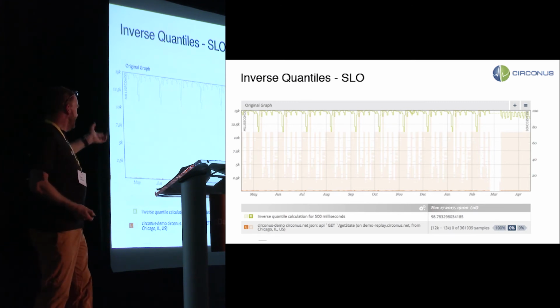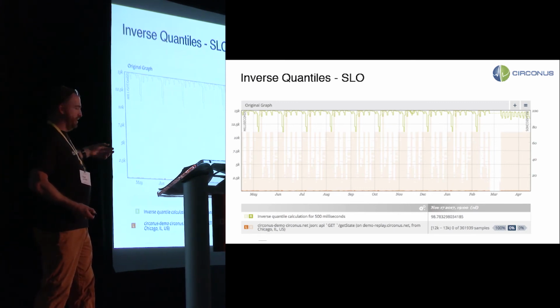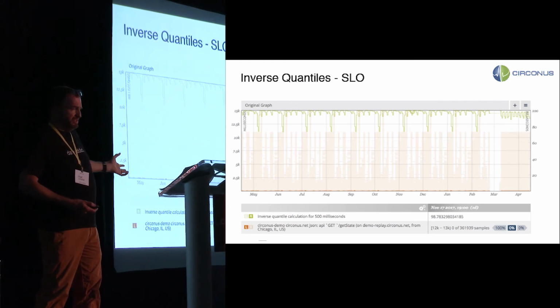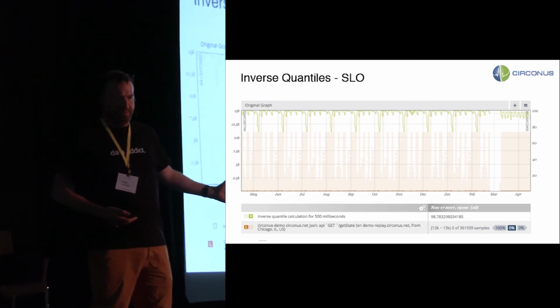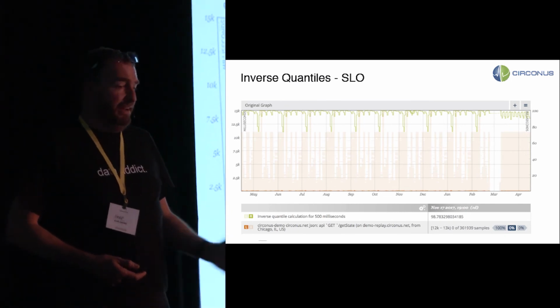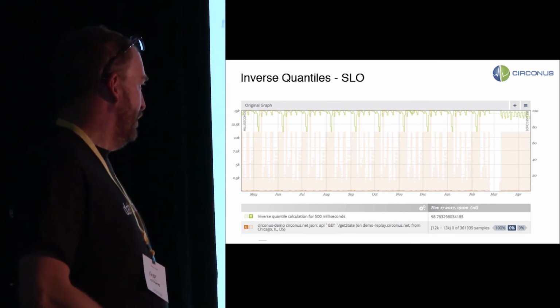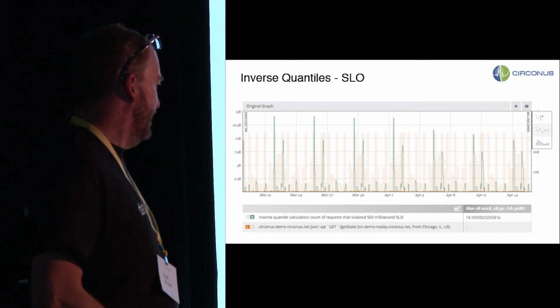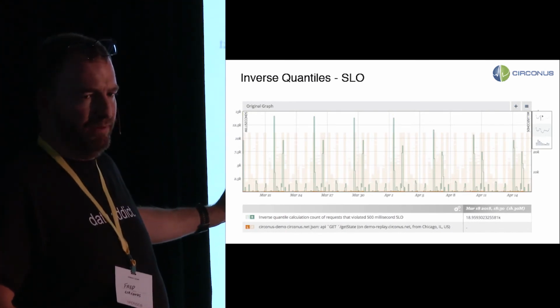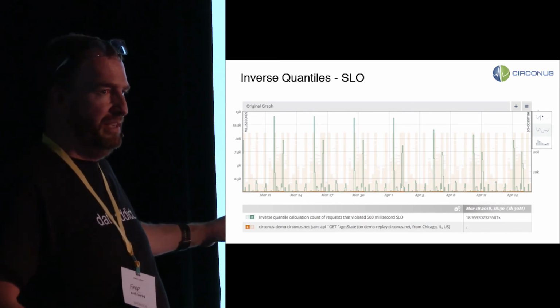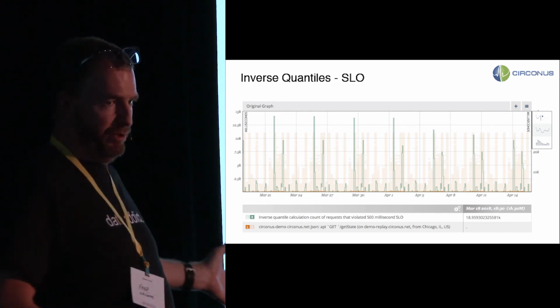Because in terms of the total number of requests, a percentage is invariant. I might have one request that's not meeting my service level objective, or I might have 1,000. So I went one step further, and I inverted this, and I took that percentage of requests that weren't meeting the service level objective, and I multiplied that times the total number of requests.